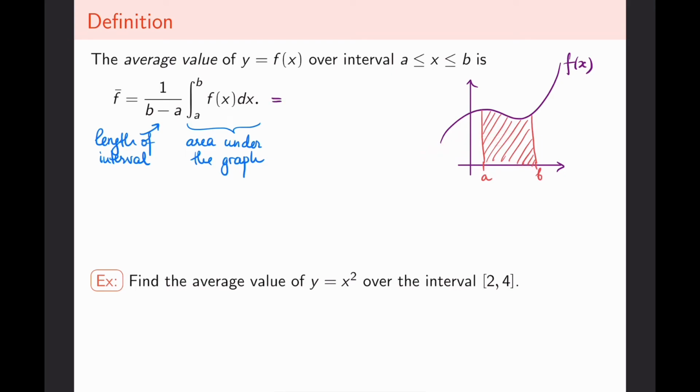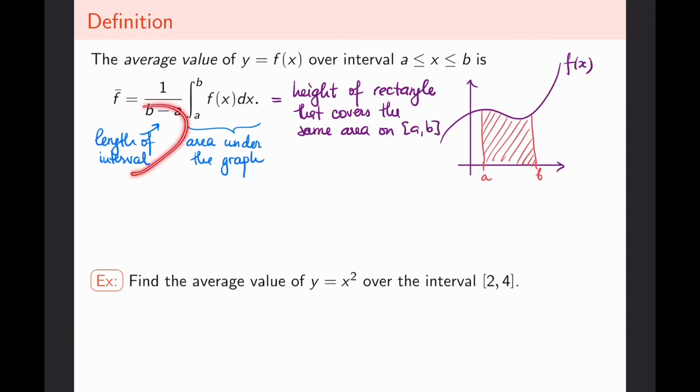Take a second to really read it over and think it through, and then we're going to take a look at the graph again. This is the height of a rectangle that covers the same area as my integral on the interval from a to b. Okay, I'm dividing by the length of the interval, and therefore I'm getting the height. You can think of this formula as having solved this for the integral.